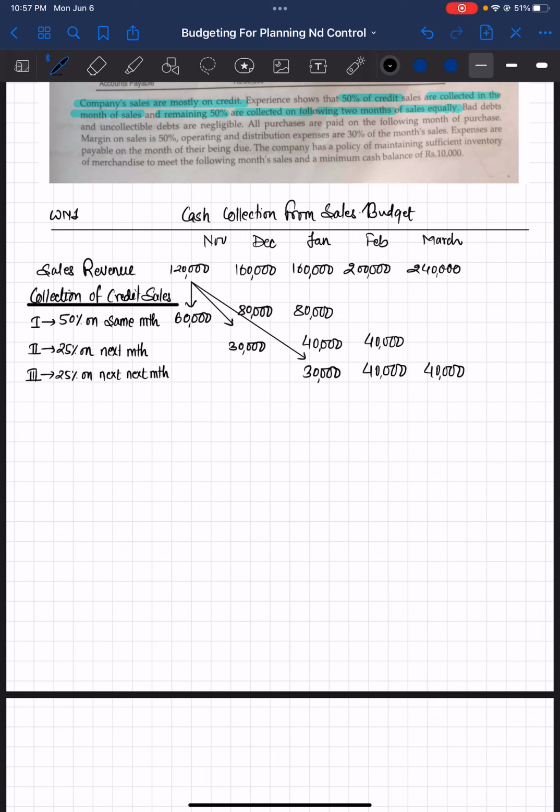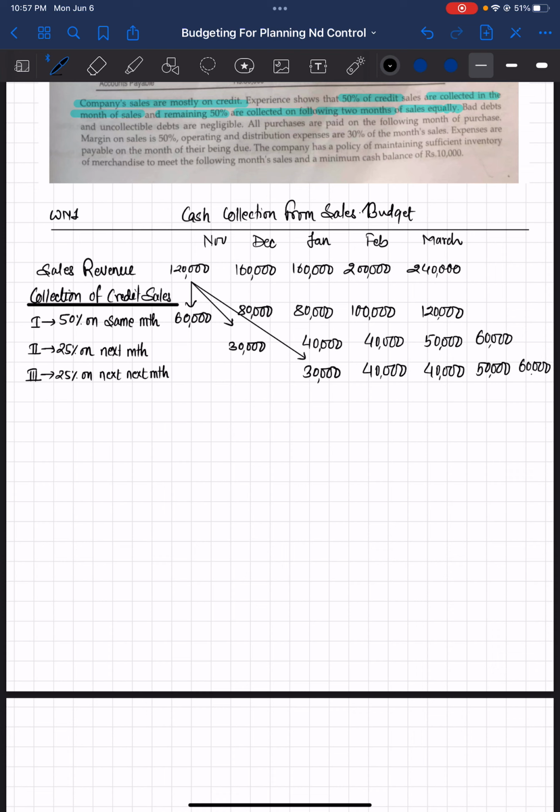That's 100,000, so 50% of 100,000 is 100,000. 25% is 50,000. Another would be 50,000. This is 120,000. That 40, 25% of it is 60,000 on the next month. The remaining 60 on the following month. All right.